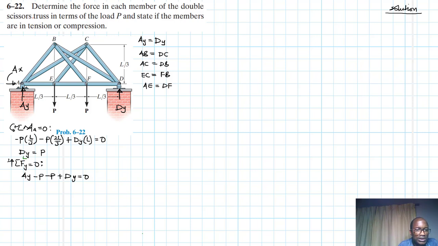We just found what DY is, so let's replace it there, and once we do so, we'll find that our AY will also be equal to P. Then we have summation of forces in the x direction equal to 0. In this direction being our reference. Therefore, our AX is just going to be equal to 0. Great.